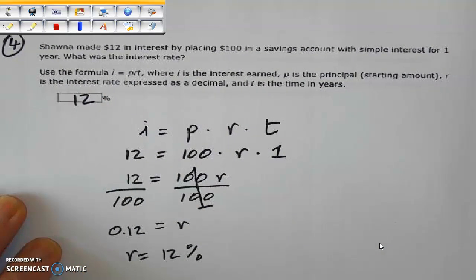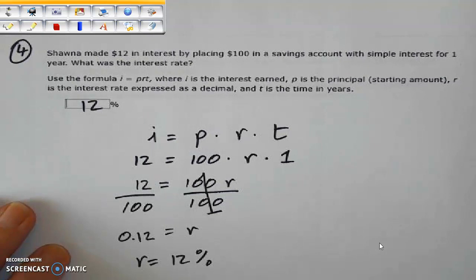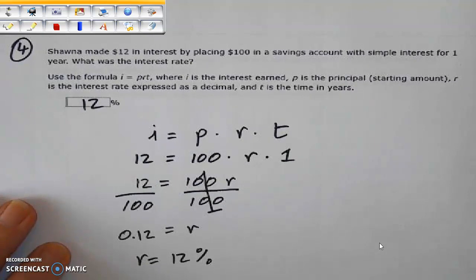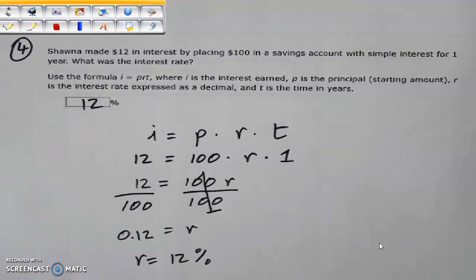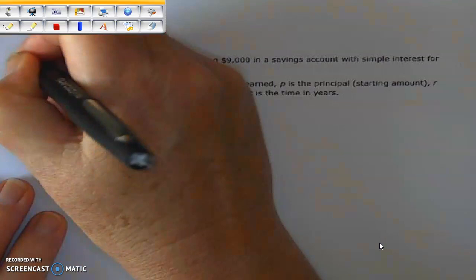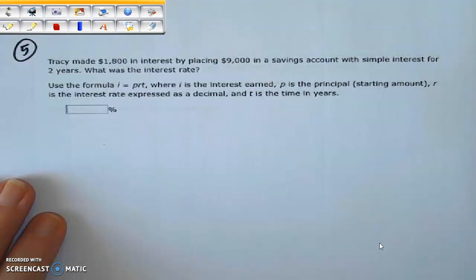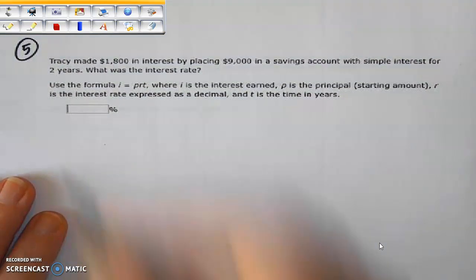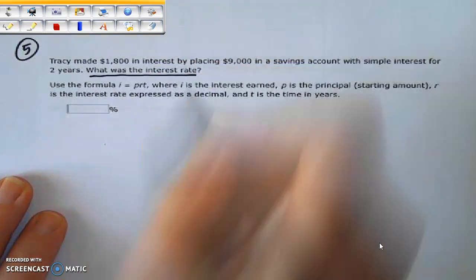Now, it's a slightly different version of the problem where they gave you the amount of interest, but they were looking for what the rate was. Okay, let's look at number 5. This is another one looking for the interest rate. The question is, what was the interest rate?